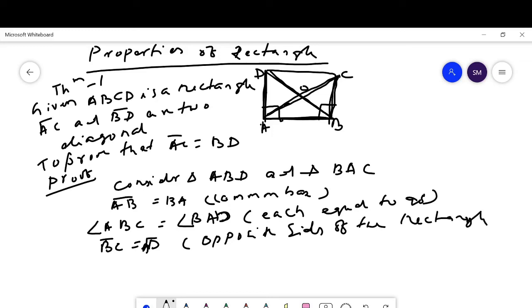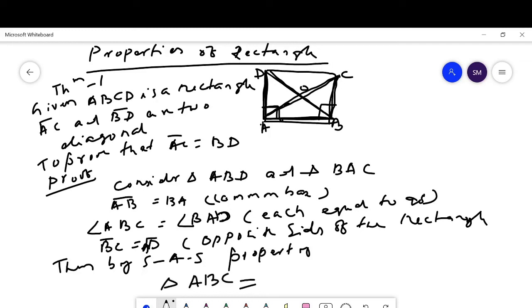Then by the side angle side property, SAS property, the triangle ABC is congruent with the triangle BAD.